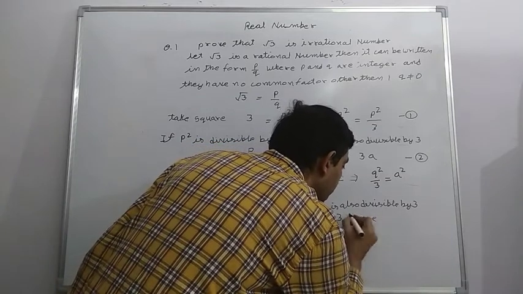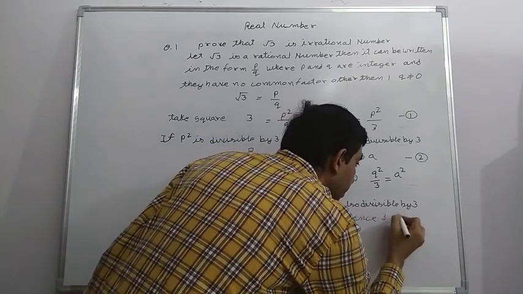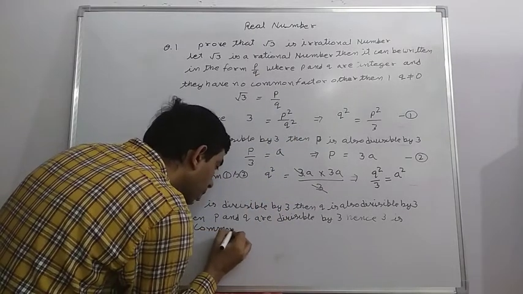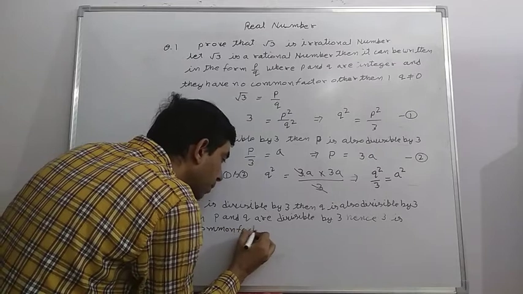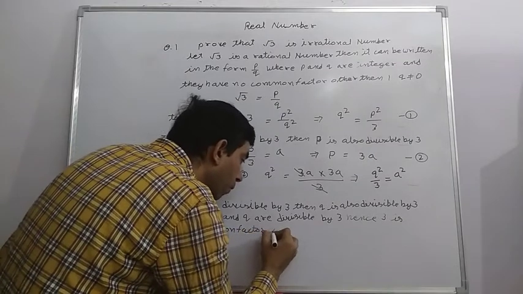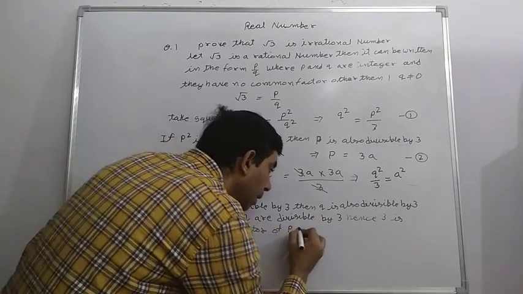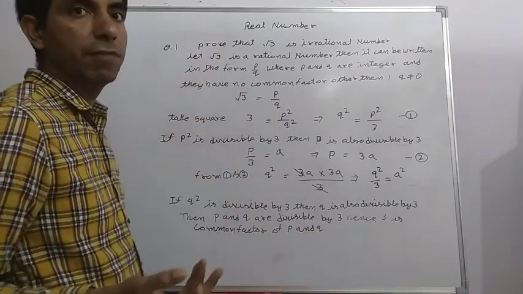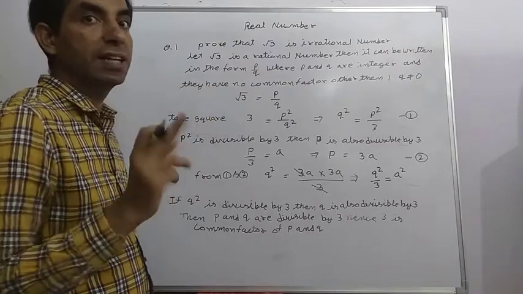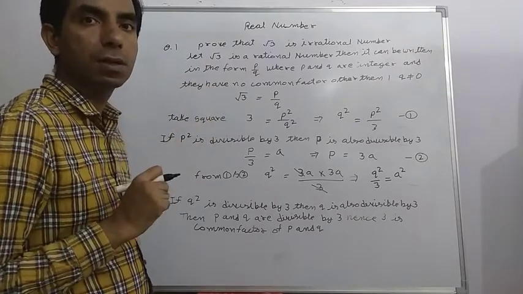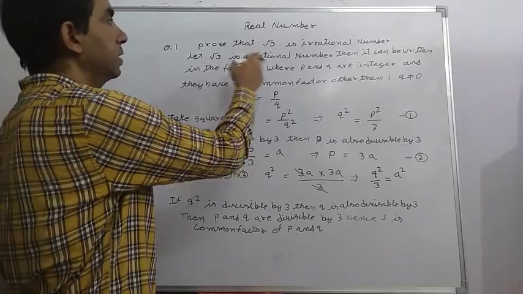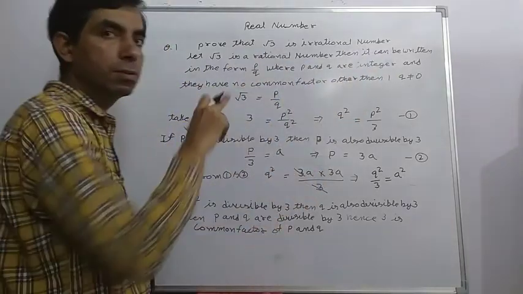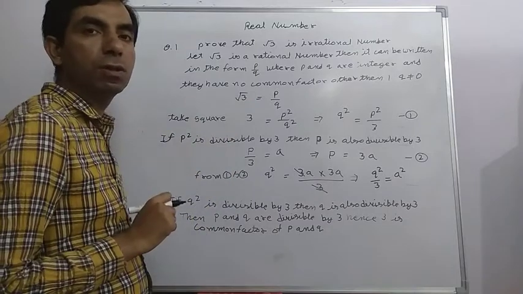Hence 3 is a common factor of p and q. If 3 divides p and q both, then it is a common factor of both numbers. But at the start we supposed p and q are integers with no common factor. This is a contradiction of the before statement.